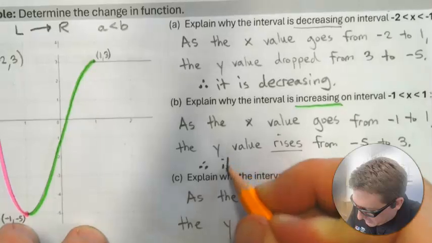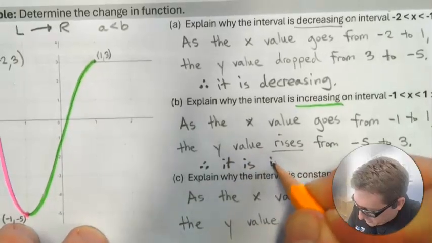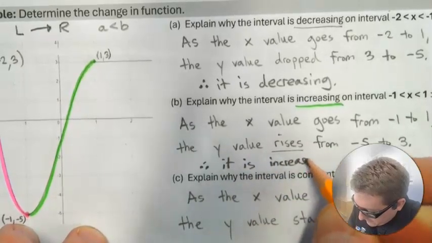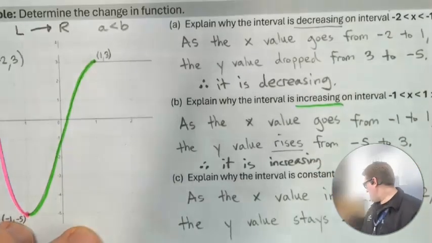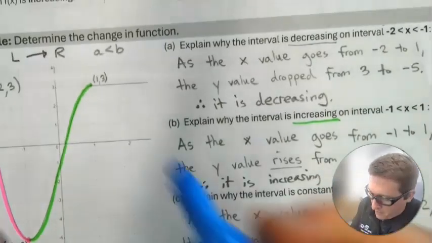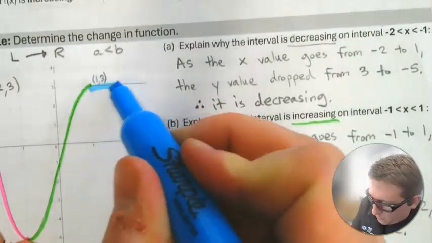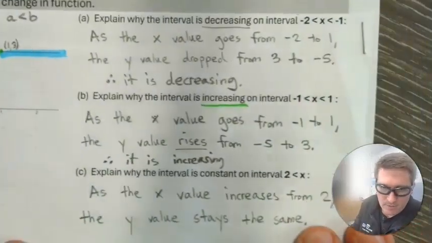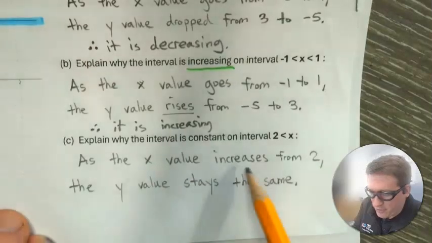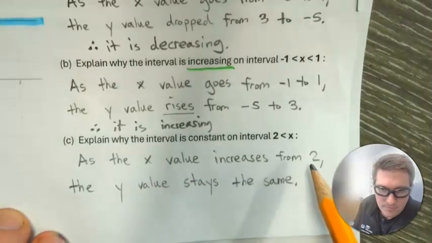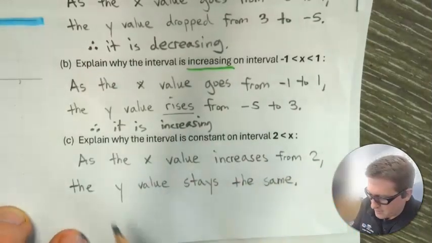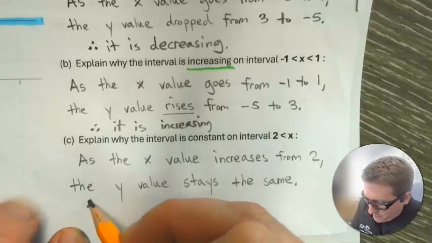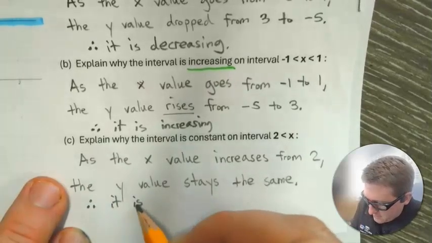Therefore, it is increasing. And finally, at the last spot, at interval 1 or greater, my y value is not changing at all. So as the x value increases from 2, the y value stays the same. Therefore, it is constant.